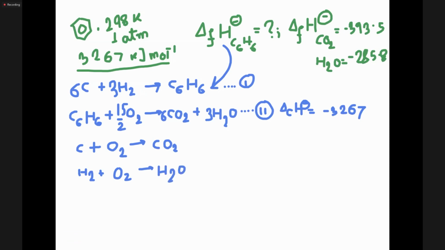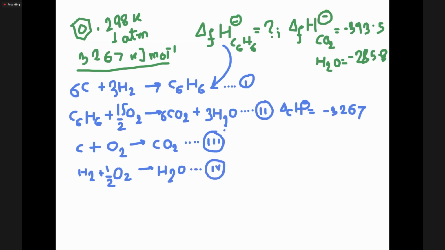For balancing this equation, we will put a half ahead of oxygen, which will take care of it. So now we have these two equations also. We will name it as equation 3, and we will name the last equation as equation 4.